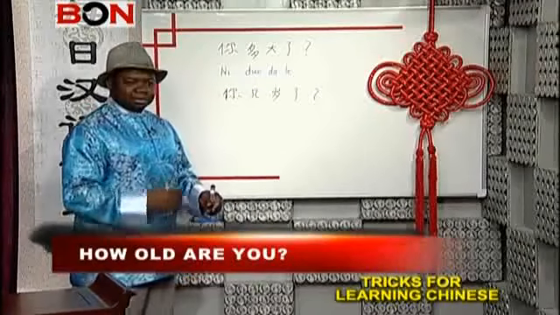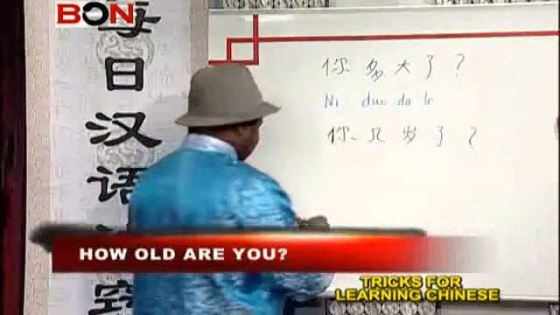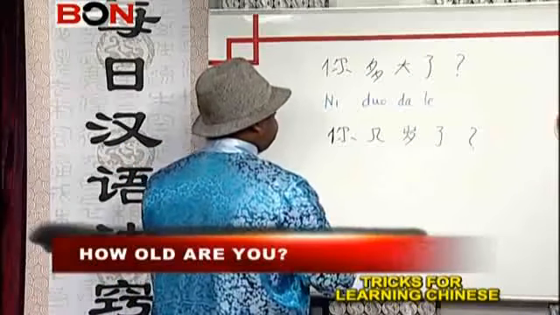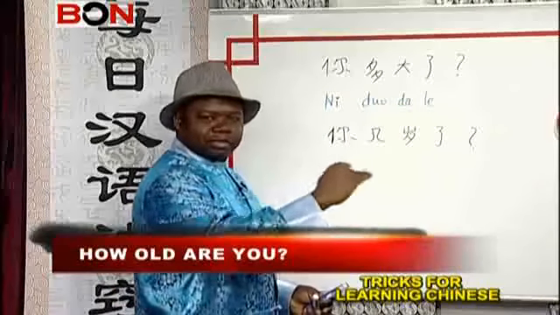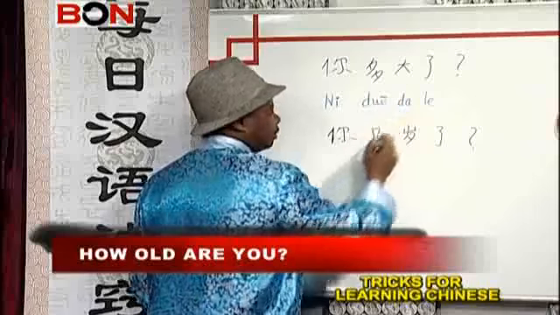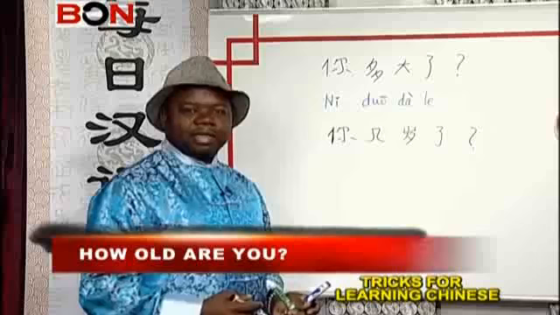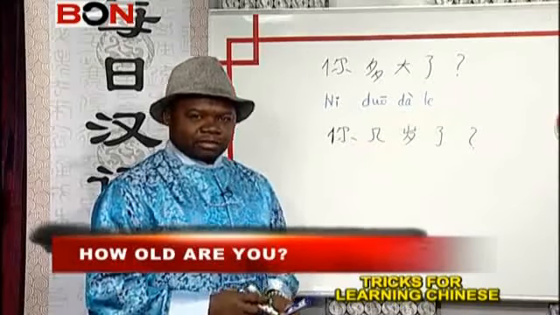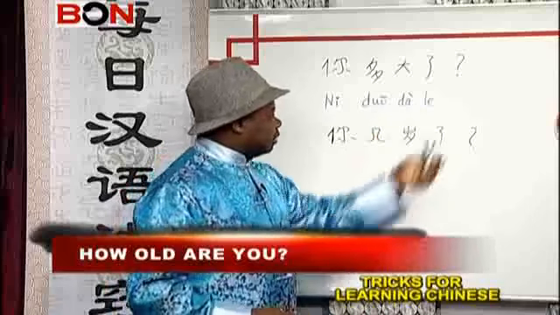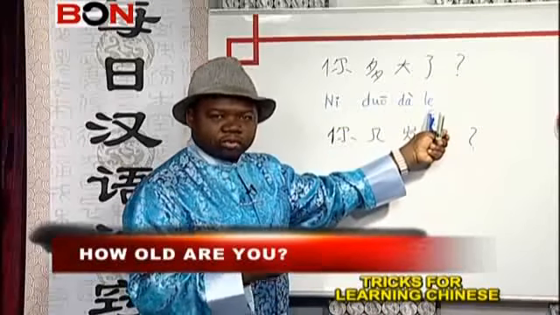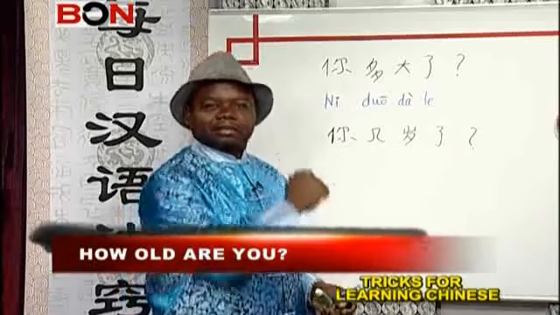You see? 你 here, we are using the second tone. 多 is the first tone, of course. 大 is the fourth tone. And 了 is a toneless syllable. We saw that we have some toneless syllables like ma when you're asking a question. This last syllable is short and light. You don't say 你多大了 with a full tone, but lightly.